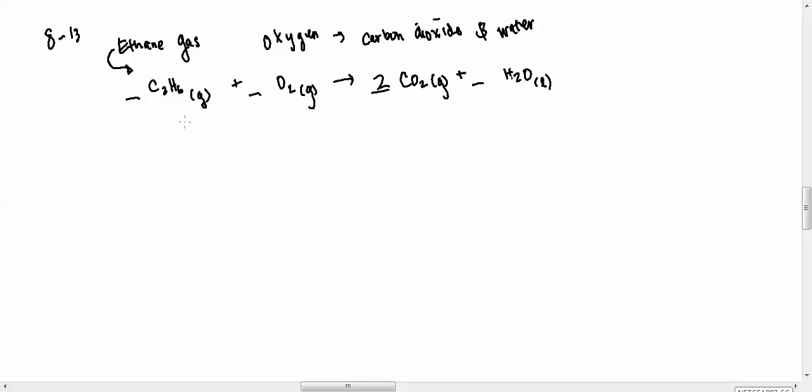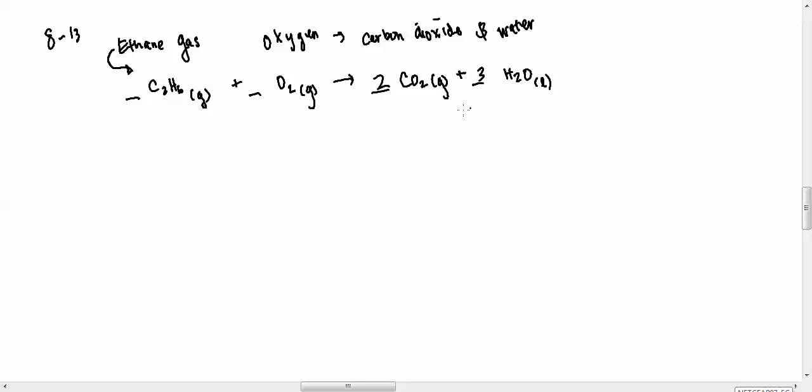Now I told you I would deal with oxygens later, so I'm not going to worry about the oxygen just yet. And I'm going to deal with hydrogens. Now there are 6 hydrogens on the left side, which makes me want to put a 3 out in front here. Because there are 2 hydrogens on the right side, and then you multiply that by 3, you end up getting 6 hydrogens. So as far as the carbon and the hydrogen goes, this thing is balanced.